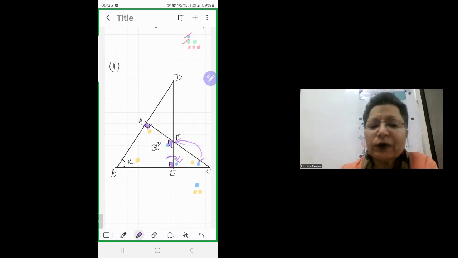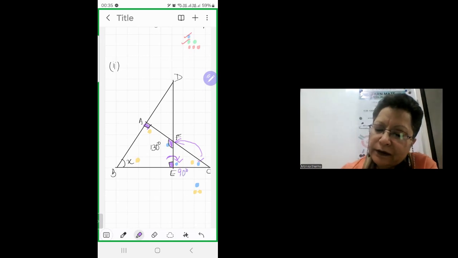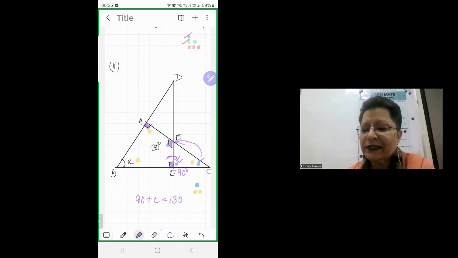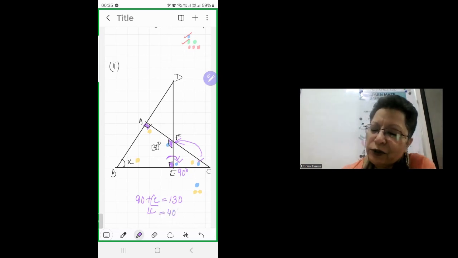Obviously, on both sides, I'm going to get a 90. So this is also 90. This here is given as 30. So 90 plus C is 130. And so what do you get your C to be? Angle C is going to be nothing but 130 minus 90, which is 40. So you're done with step one.